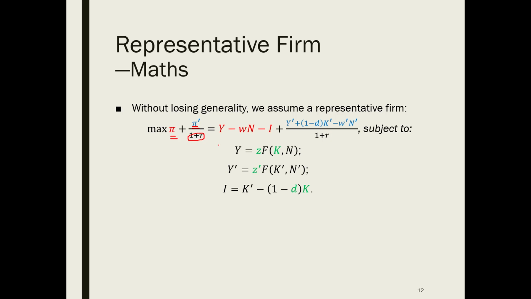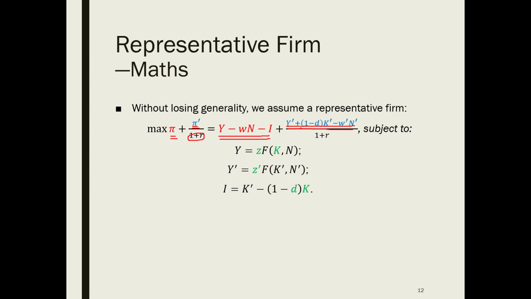You could have earned an interest of R in the bank if you do not invest in physical capital to produce in the firm. The profit in the current period is equal to the output Y minus the labor cost W multiplied by N and investment I. The profit in the future period is equal to the output Y prime plus the net capital minus labor cost W prime multiplied by N prime.